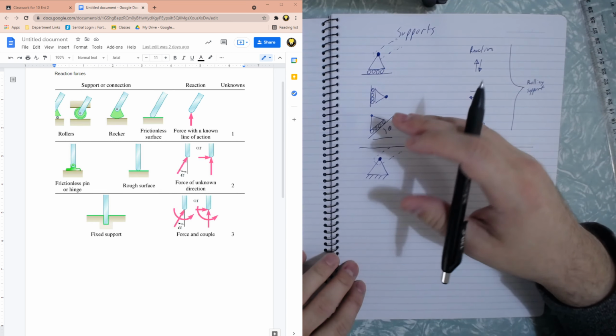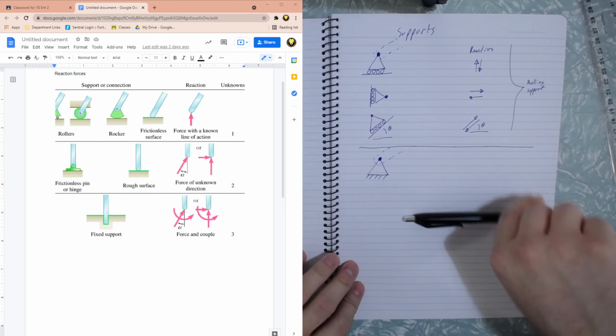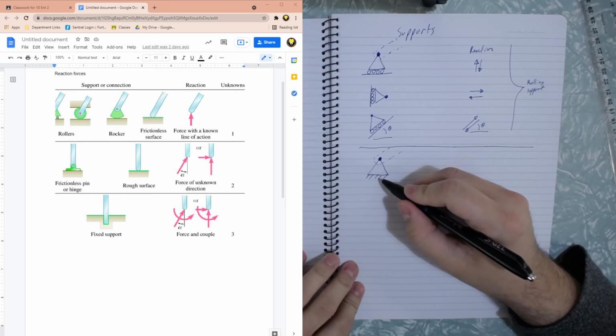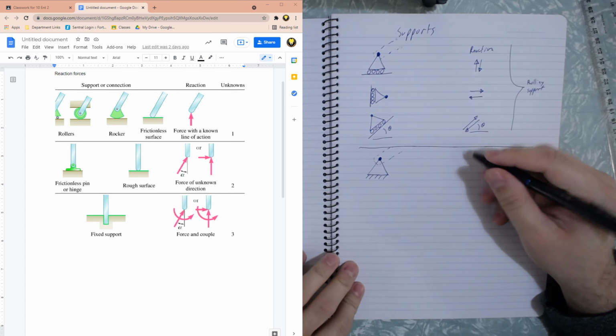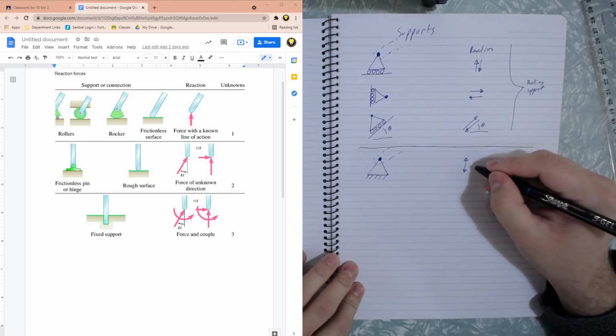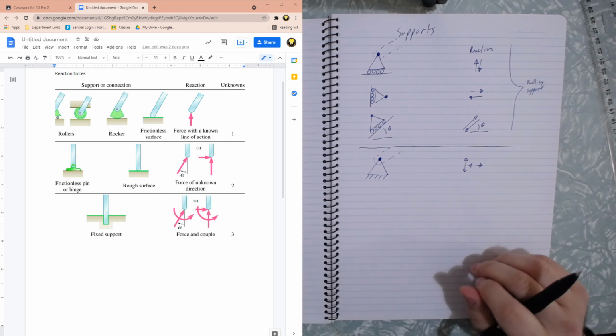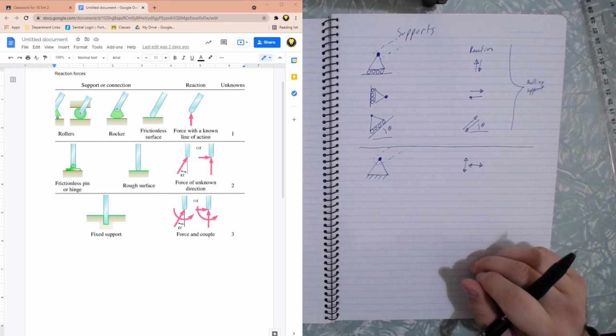It's going to be able to rotate freely, but because it is connected to the ground, it is able to provide a reaction force in the vertical and the horizontal. So that's one of the simpler ones to understand. It can take it in the vertical and the horizontal.